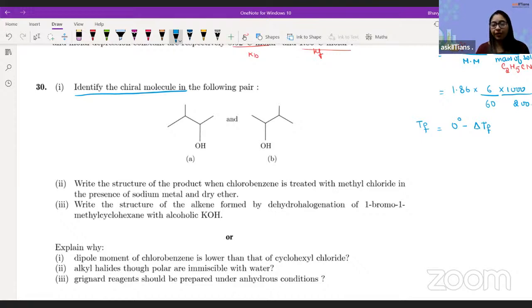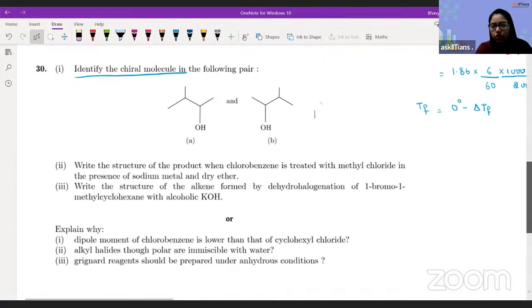For the chiral molecule, what we need to understand here is, I'm looking for a chiral carbon, technically. I'm looking for a chiral carbon. So they both are same, actually. I don't think there is any difference in these two structures.